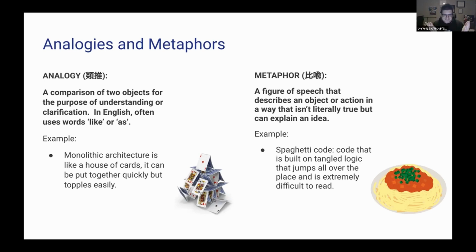And so that's not made up out of literal noodles, right? It's not literally pasta, it's computer code, but it's very difficult to untangle. So just like trying to separate a noodle from a bowl of pasta, it's difficult to break down the logic in spaghetti code.